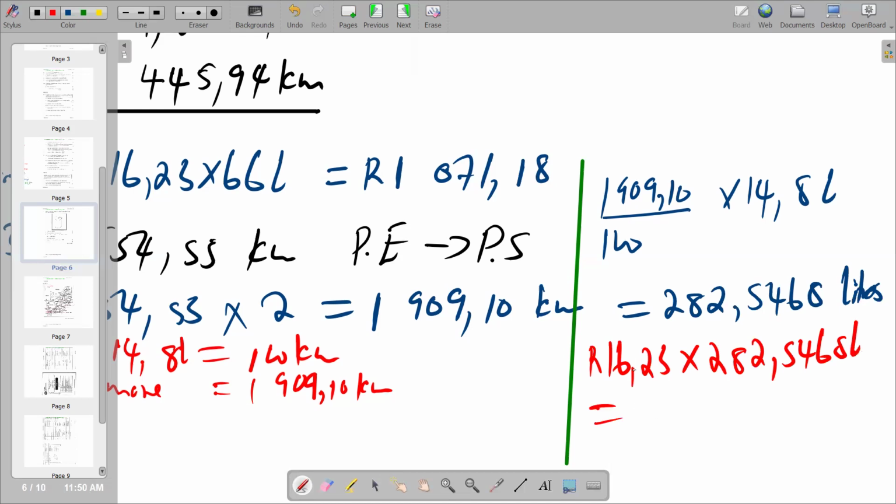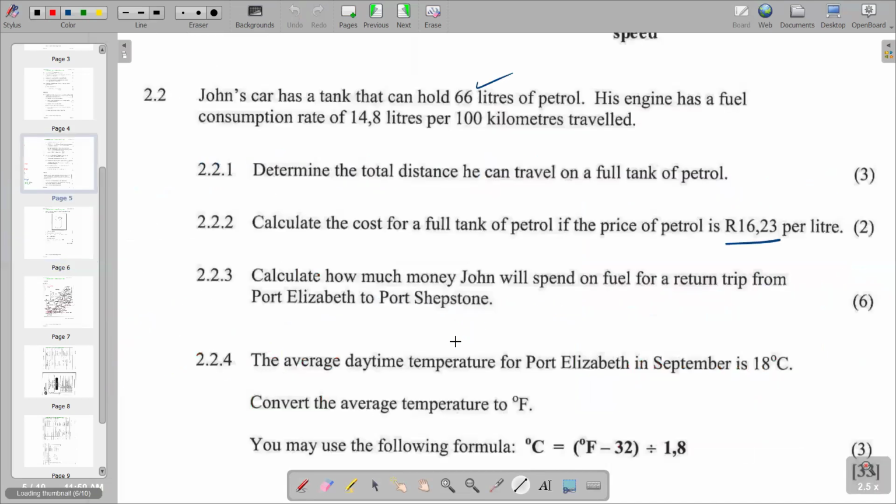And we are going to get a product of 4,585 rands 73 cents. 4,585 rands 73 cents is going to be our final answer. So this is what we have on that part.